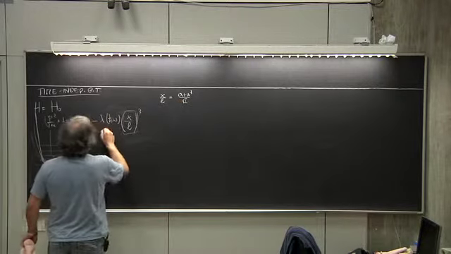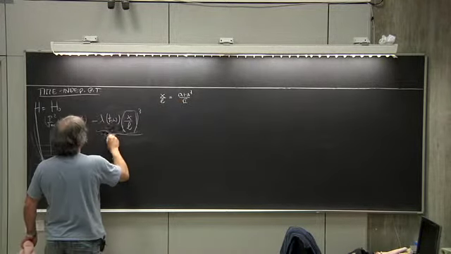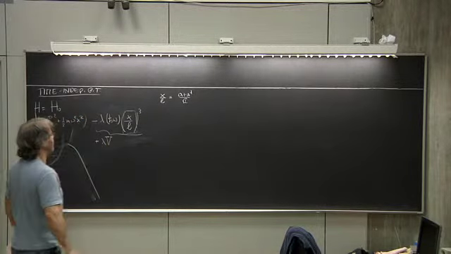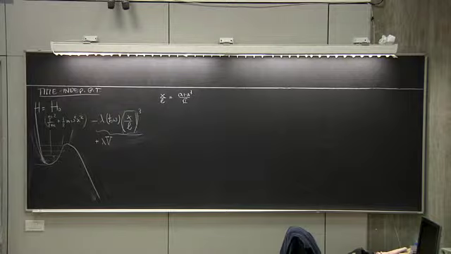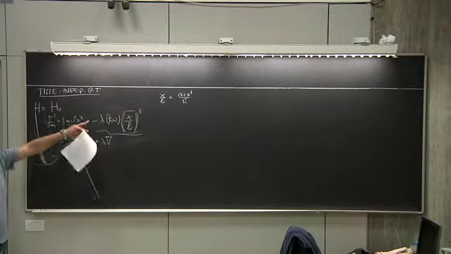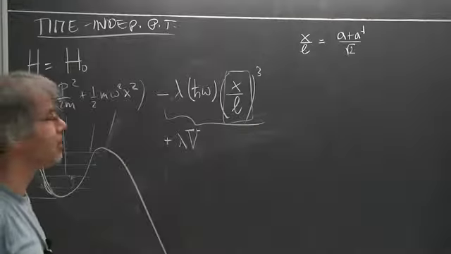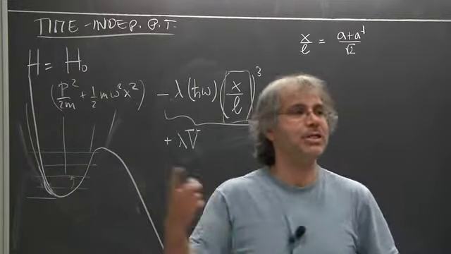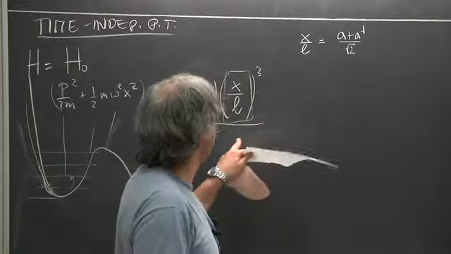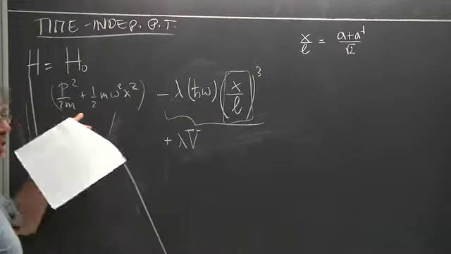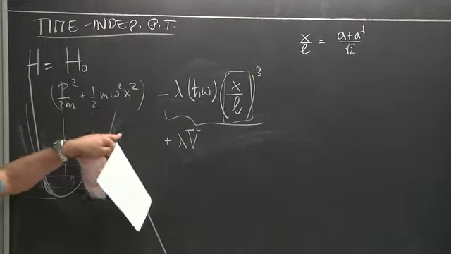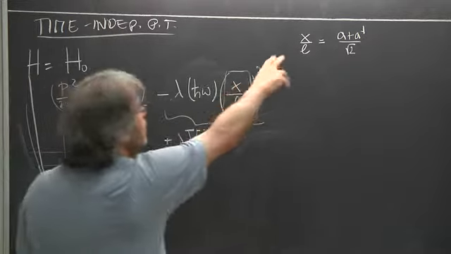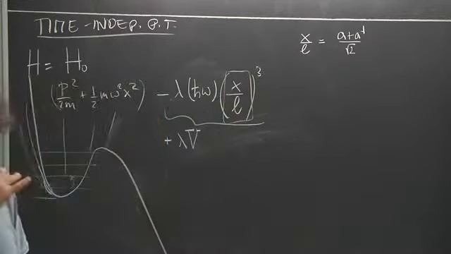So this is my perturbation V, or lambda V, okay? Lambda V is what I write there. I want to rewrite it in terms of creation and annihilation operators, and then you remember that all I have to calculate is matrix elements of this V between the unperturbed states, which are the well-famous states with a certain number of occupation of A daggers, the psi n, okay?